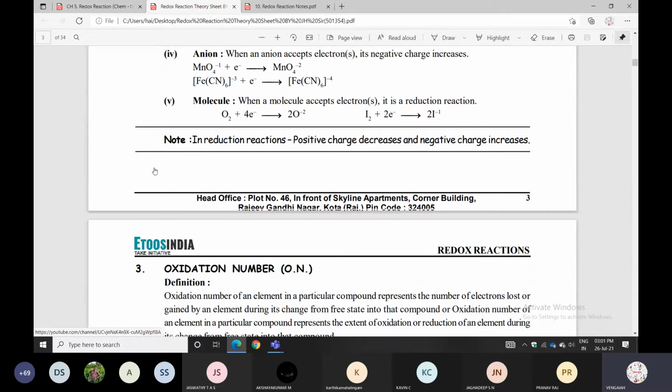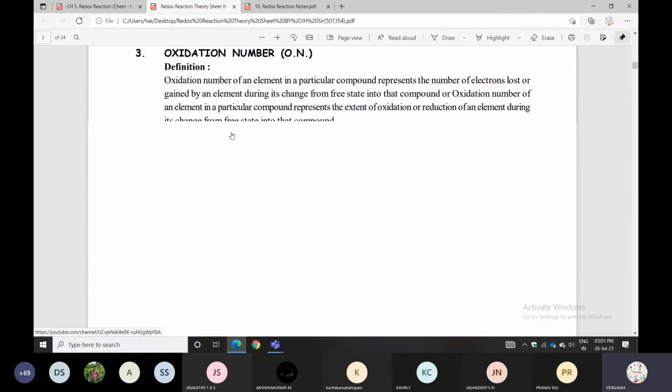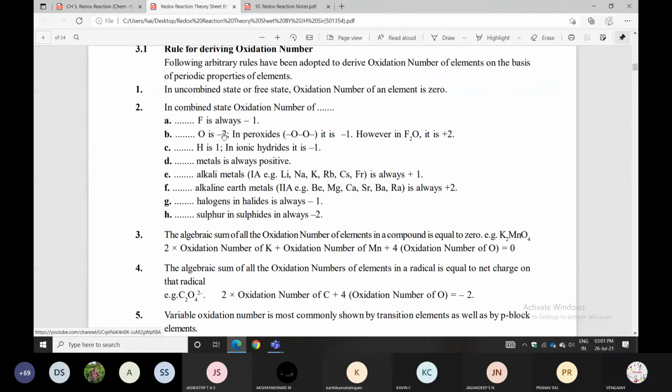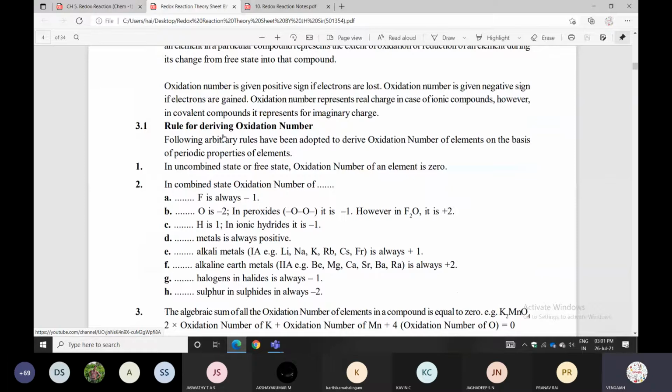Just 1 minute. Yes. So look here at the oxidation number once again. They have given some rules for deriving oxidation number. Listen clearly.